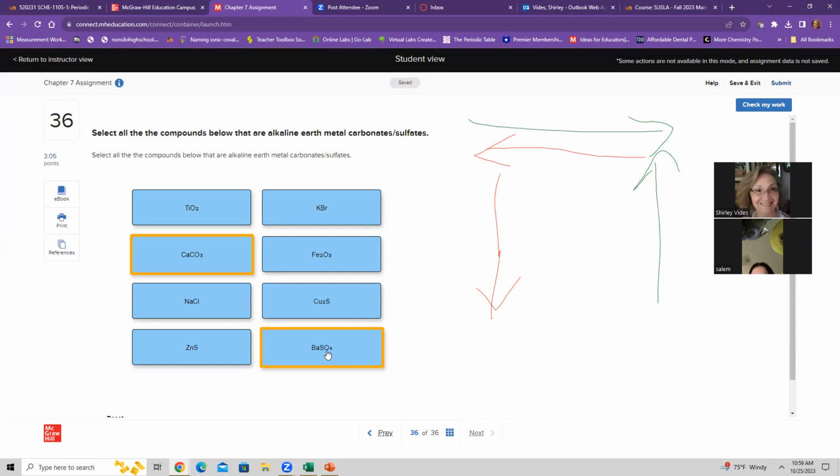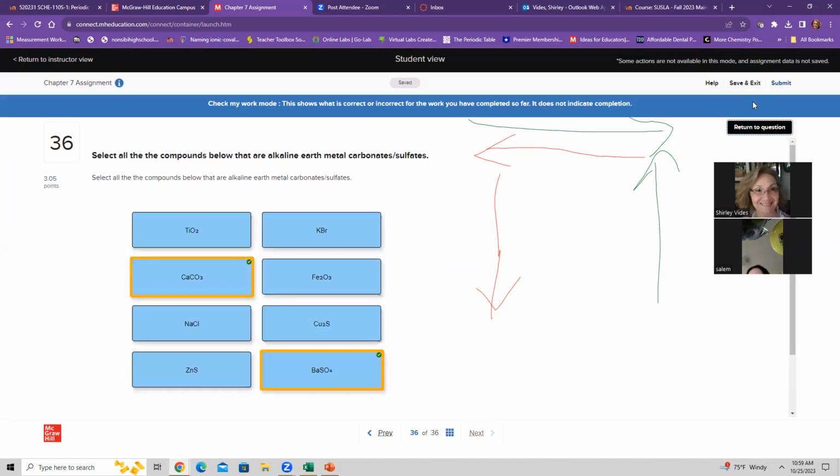Sodium and potassium are the ones with chlorine, and those are not alkaline earth. Both of these would be alkali metal halides, the sodium chloride and the potassium chloride. But these two are carbonate and sulfate. Yeah, that's correct. Why are they putting those here? That's weird.